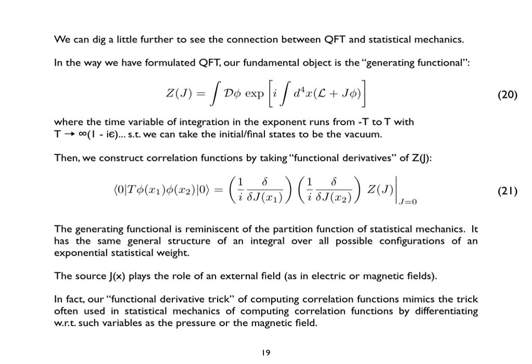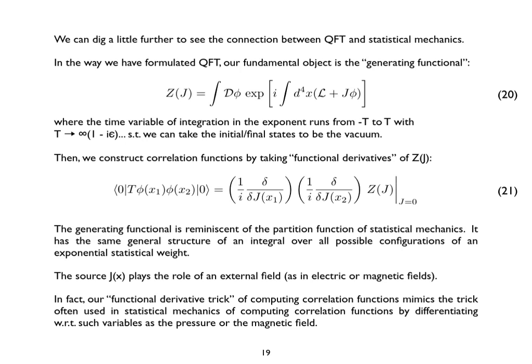Okay, so we've seen this connection between statistical mechanics and QFT, and we're going to take it a little further today, okay? I ended last time by telling you that we're going to draw comparisons between the generating functional and the partition function of stat mech, right?